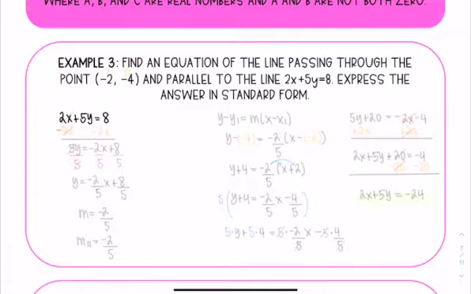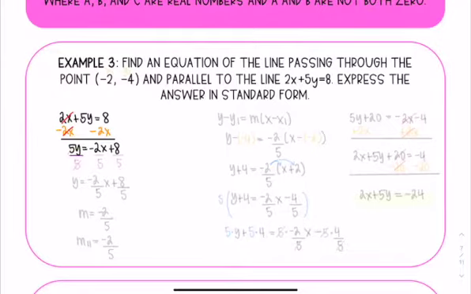So I'm going to subtract 2x from both sides. So it cancels on the left. And we get 5y equals -2x plus 8.